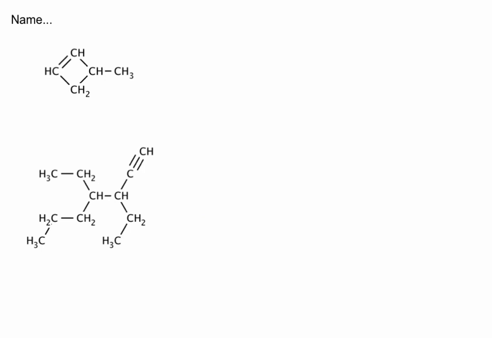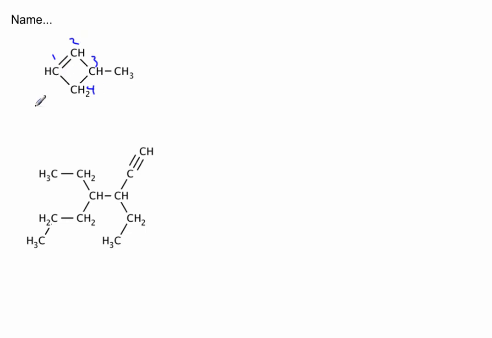How about this one? So here's another cyclic hydrocarbon. And so minimize position of the bond and then minimize position of a branch. So there's a couple of ways I can number here. If I started numbering 1, 2, 3, 4, I'd have a branch on carbon 4, double bond carbon 1 to 2. Okay, so that's all right. But let's try a different numbering position. How about if I numbered 1, 2, 3, 4?